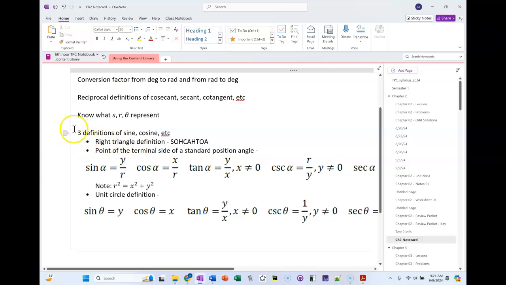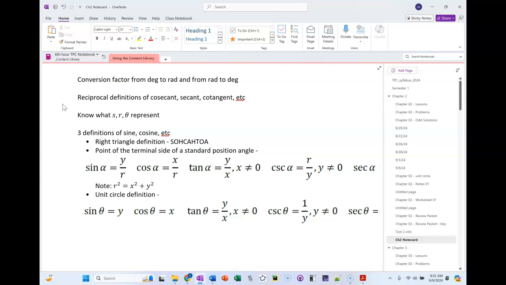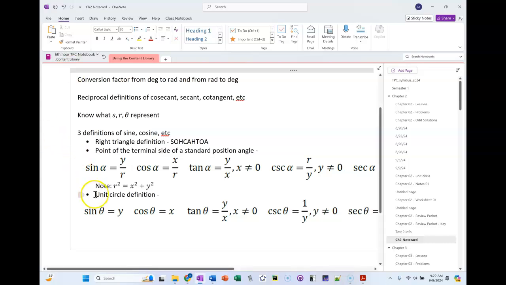And then you'll definitely want the 3 separate definitions for sine, cosine, etc. So you have the right triangle definition, that's SOHCAHTOA. You have the point on the terminal side of your standard position angle definition. So sine is y over r, cosine is x over r, etc. And I put down an extra note that r squared is equal to x squared plus y squared.